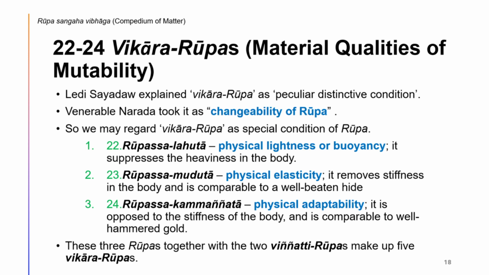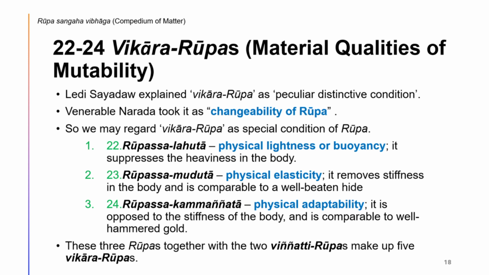So these are the two descriptions given by these two scholars. And so we may regard Vikara Rupa as a special condition of Rupa. How these three things arise is very interesting. We have it in our body, it is how we harness it.